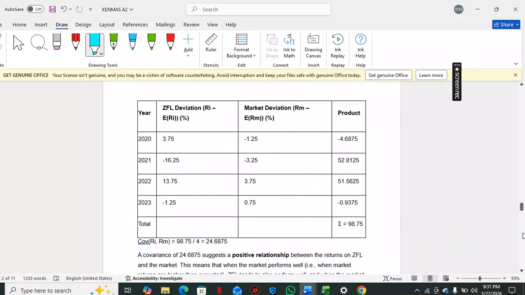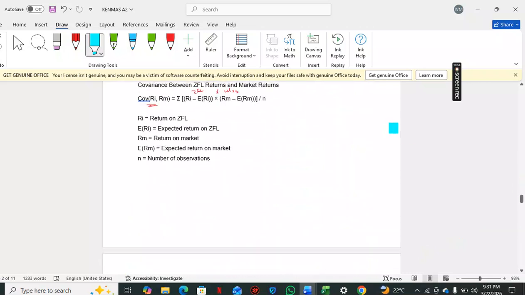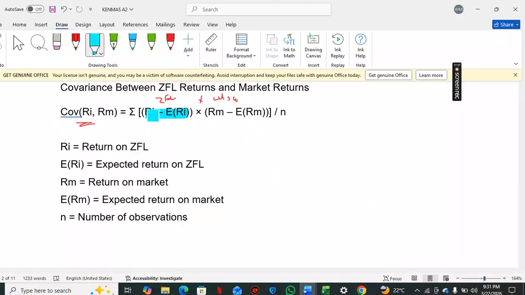That's what this formula is saying here. Covariance: RI minus ERI, the deviation for ZFL, multiplied by RM minus ERM, the deviation for Lusaka Securities Exchange.